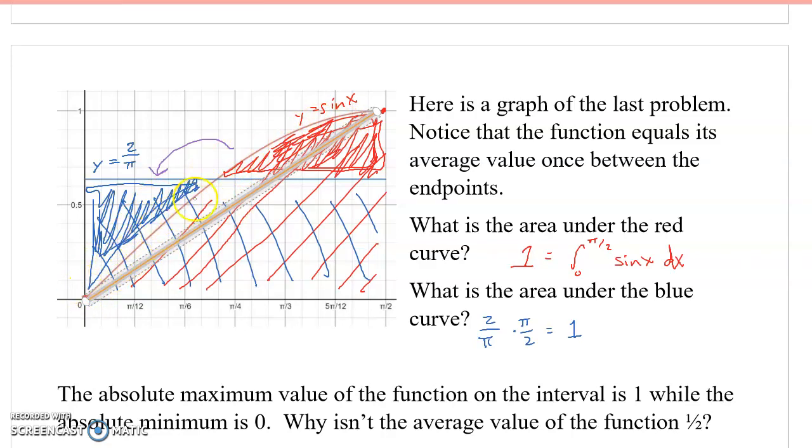It's steeper at the beginning, so it rushes to get higher sooner, and then it starts leveling off. Because of the concavity of the graph, it changes where that average value shows up. Think about this as test grades. You have some low grades, some high grades, but you don't just average the one low grade with the one high grade. If you have more high grades than low grades, then your average is going to be higher. So again, it's just an average based on an infinite number of y values.